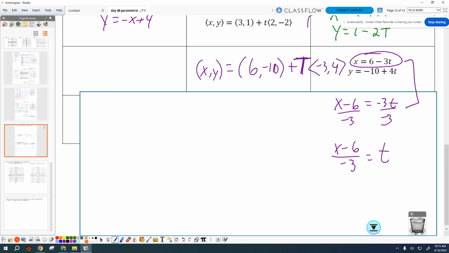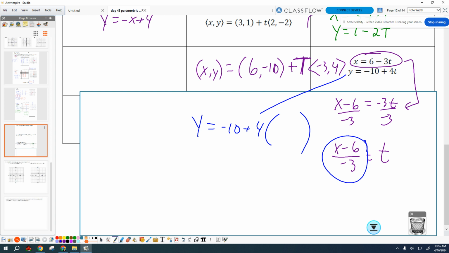Mia used the x equation to solve for t and correctly got this yuckiness. I need to get all of the t's going. What equation do I work with next? Replace x minus 6 over negative 3 for the t. Okay, so y equals negative 10 plus 4 times that. Get rid of t and put that stuff in.